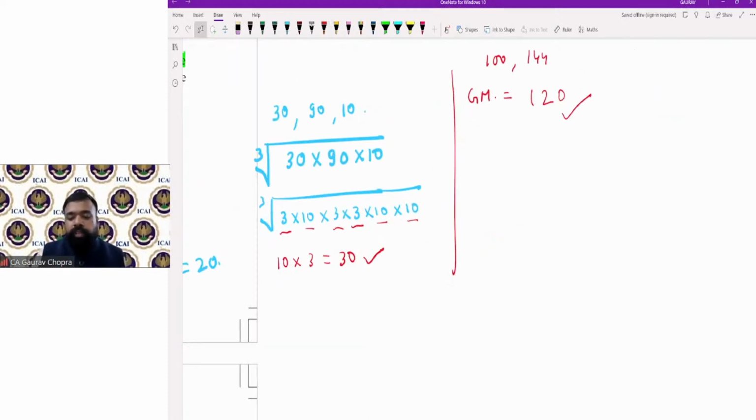Let's take one more. 10, 20, 30, and 40. So what will be the geometric mean of these values? How will you simplify this?